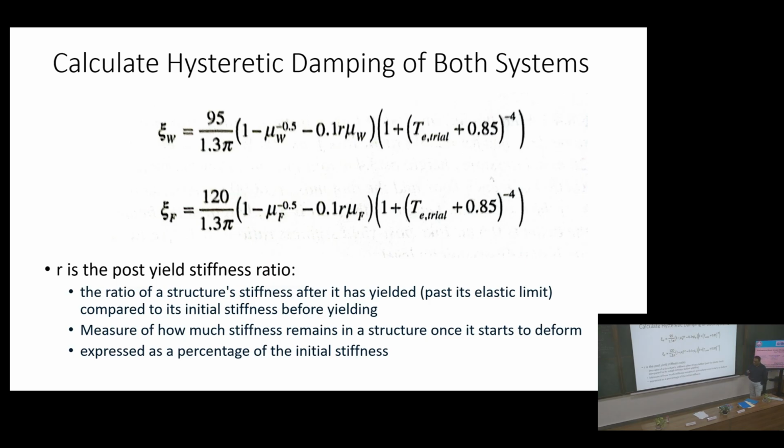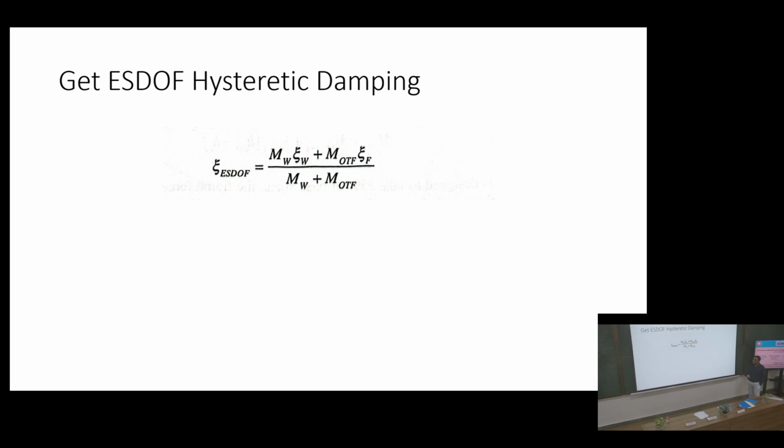So now you have equivalent viscous damping of the wall, equivalent viscous damping of the frame. You put them together with our favorite equation here. Again, moment of the wall, overturning moment of the frame, xi wall, xi frame, that's your equivalent single degree of freedom system viscous damping.